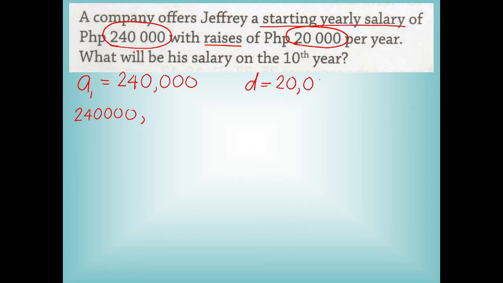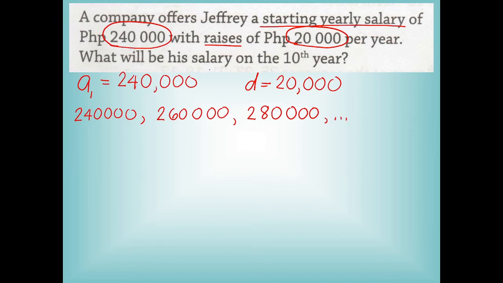So meaning, if the first year is 240,000 pesos, what will be his salary during the second year? 260,000. Next year, 280,000. So on and so forth. You just add 20,000.